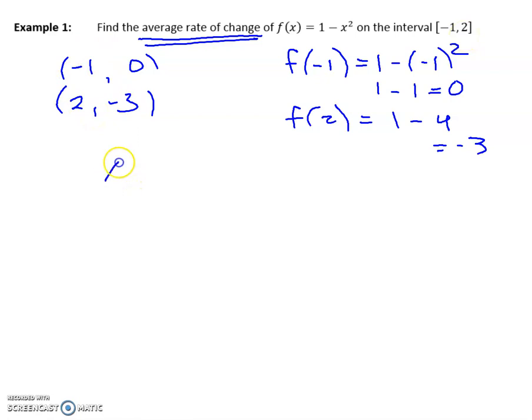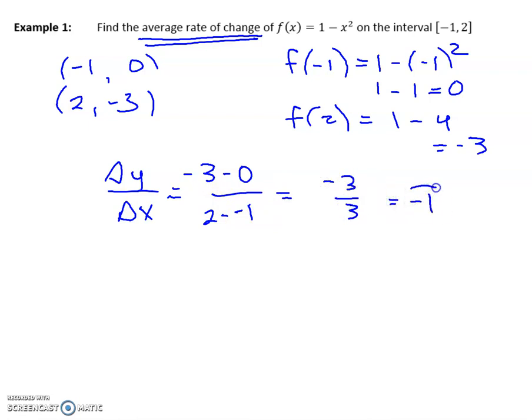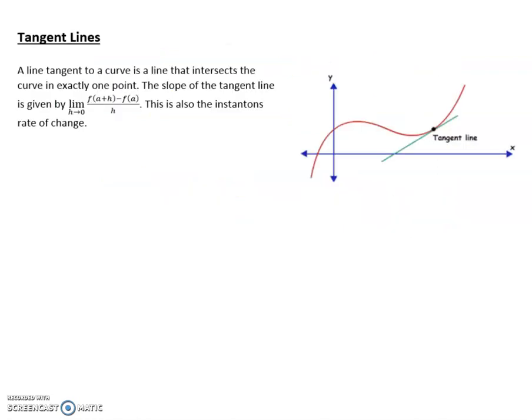Okay, here we go. Slope, change in y over change in x. I've got -3 minus 0 over 2 minus -1. Just be careful you include the subtraction. Okay, so I have -3 over 3, so my slope for that particular interval would have been -1. Okay, so that's the typical slope that you've been comfortable with since you've been learning algebra.